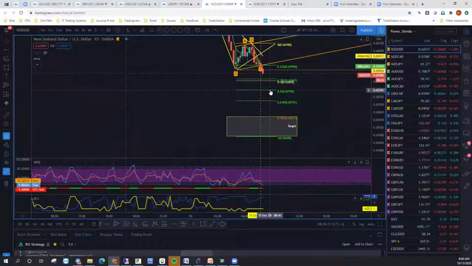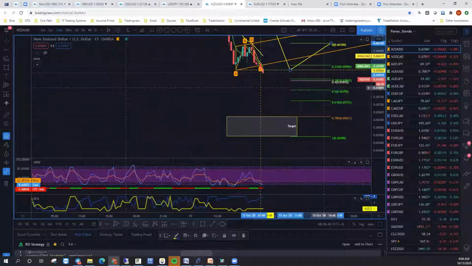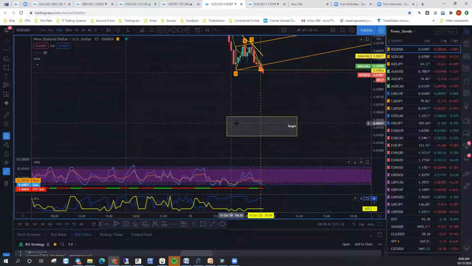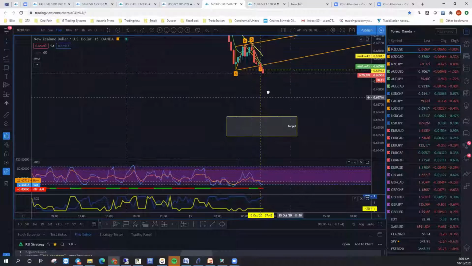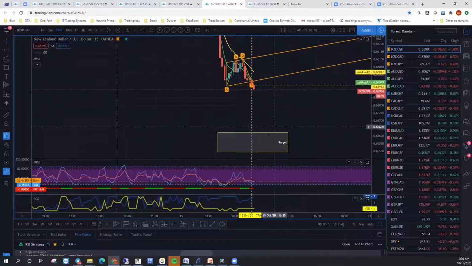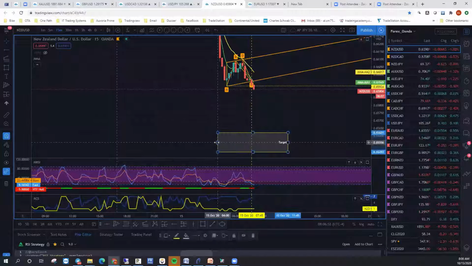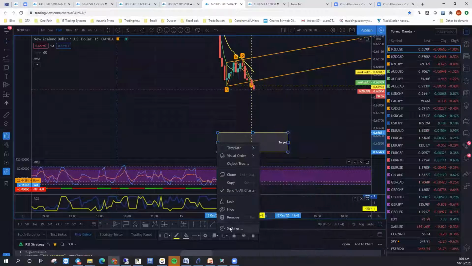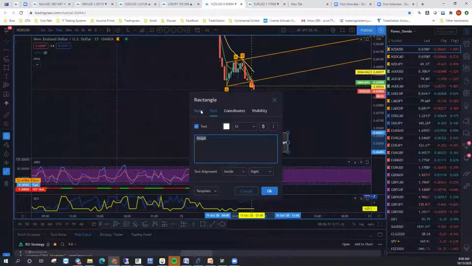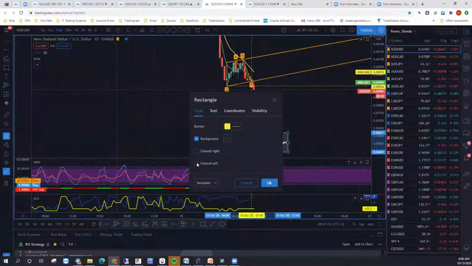So now we can take this line off. And let's see if there's anything over to the left that would help us tweak this area a little bit. I'm going to extend this, go to my settings, and go to style, extend to the left.